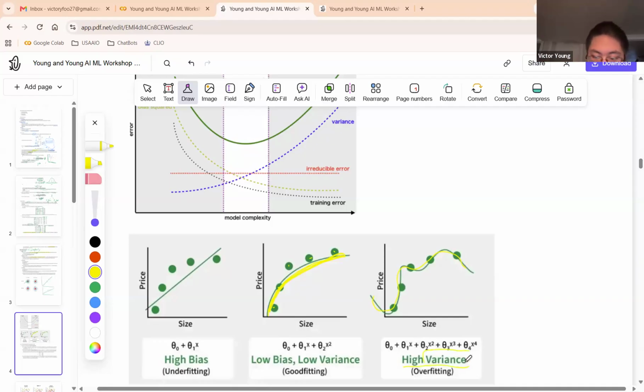And why is it variance? Because if we have another batch of houses, so this batch, these 5 houses that the model trained on, was taken from, for example, one city. If we take another 5 houses from another city, well, then it might look like this.